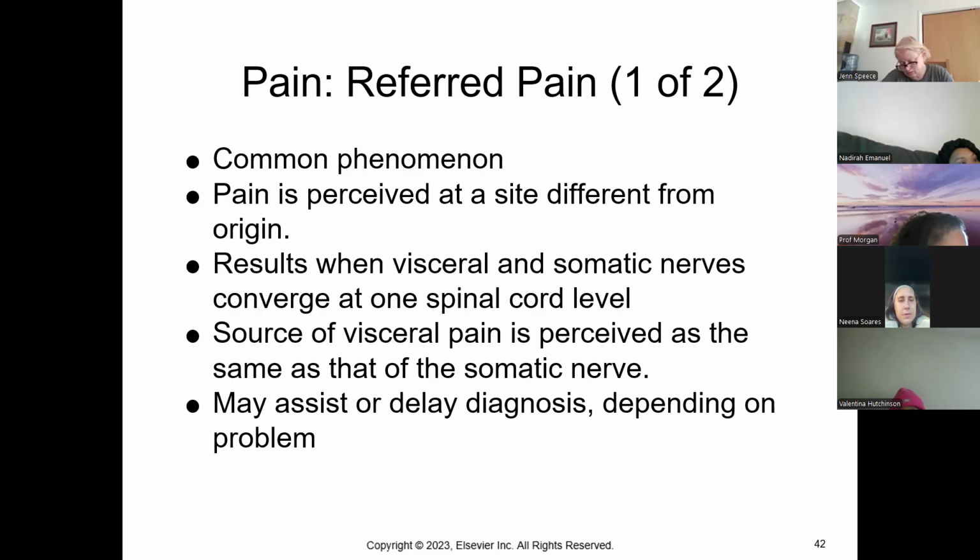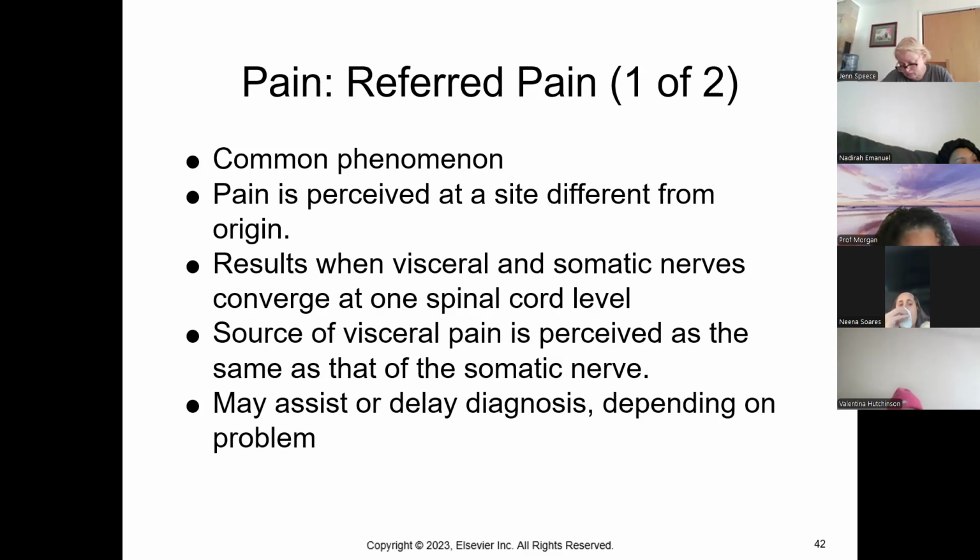Referred pain is pain that's perceived at a site away from its origin. So you'll see this in things like pancreatitis. Referred pain is when pain from one part of your body is felt somewhere else. For example, pancreatitis could cause pain in your back, or a heart attack could trigger pain in your jaw or your left arm.